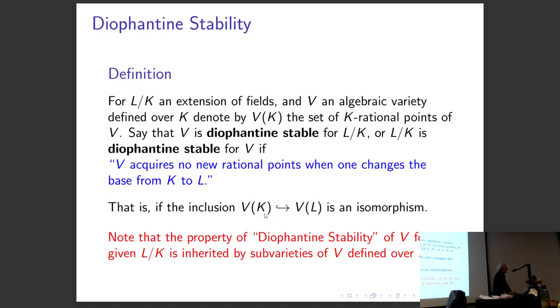If L over K is an extension of fields, and V is an algebraic variety defined over K, I'll let V(K) be the set of K-rational points of V. I'll call V Diophantine stable for the extension L over K, or I might say L over K is Diophantine stable for V, if V acquires no new rational points when one moves the base from K to L. That is, if the natural inclusion is an isomorphism.